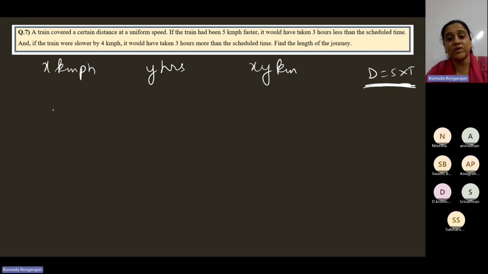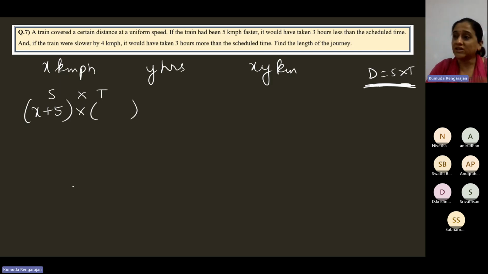If the train had been 5 kilometers per hour faster, x plus 5. What's the time? It would have taken 3 hours less. It actually took y hours earlier. 3 hours less, y minus 3. So new speed into new time is equal to, what is speed into time? Distance. Distance is xy only.